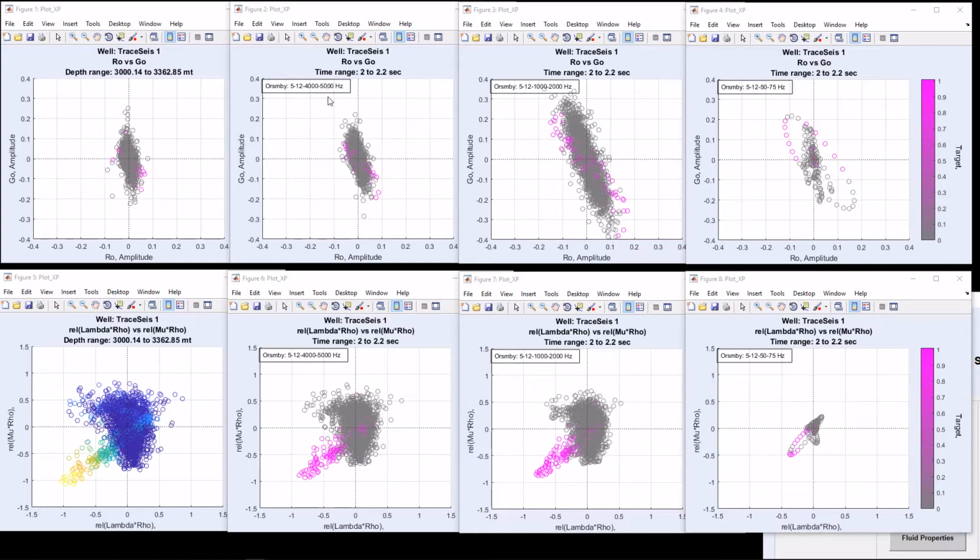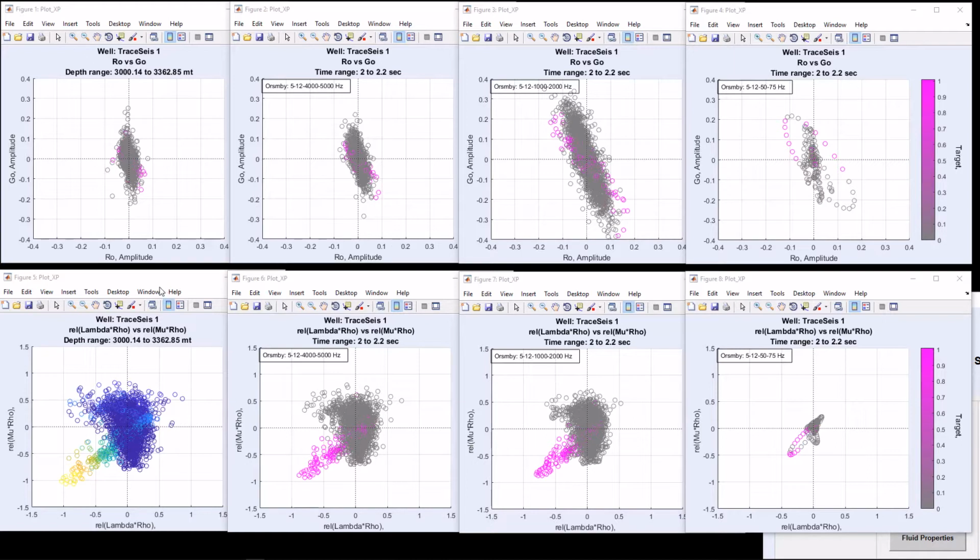This is done to get the equivalent attributes to those computed in depth, and we see that the match is fairly reasonable. From there onwards, we're going to reduce the bandwidth until we get to the seismic bandwidth. This is what we would expect from the seismic data.